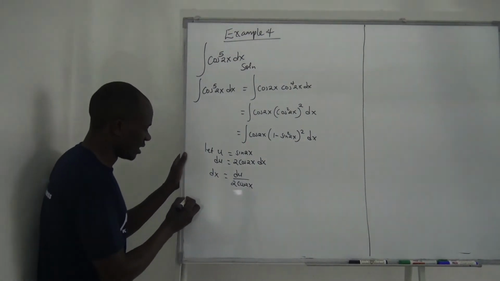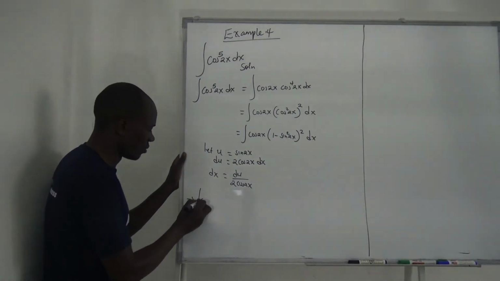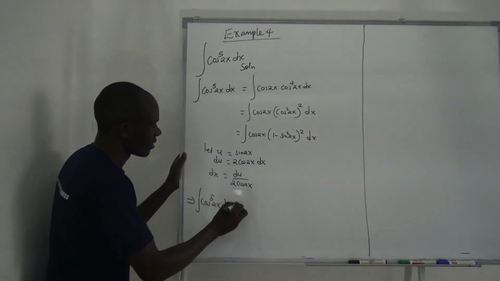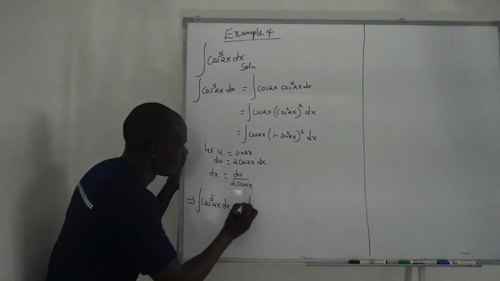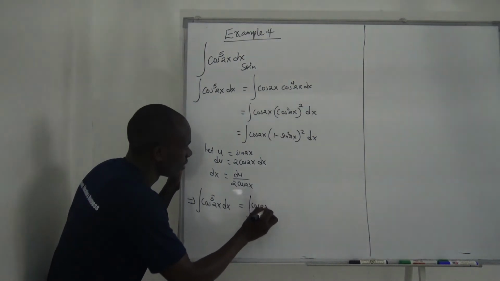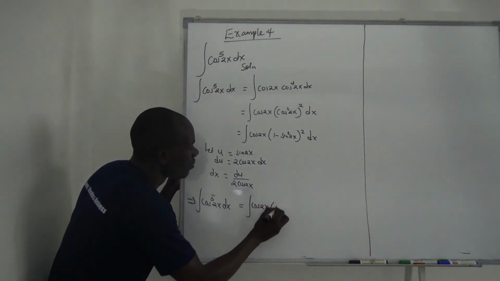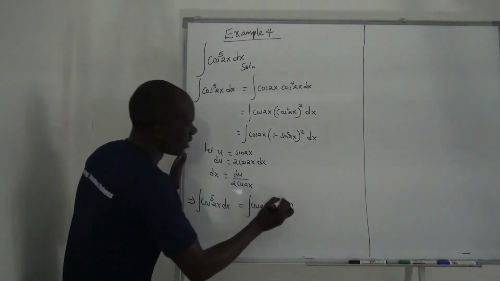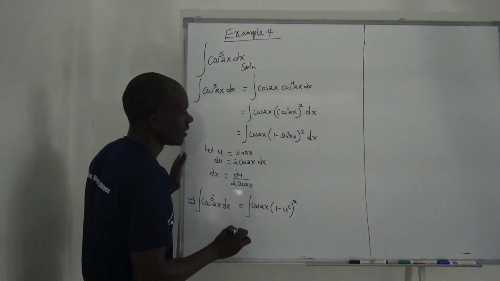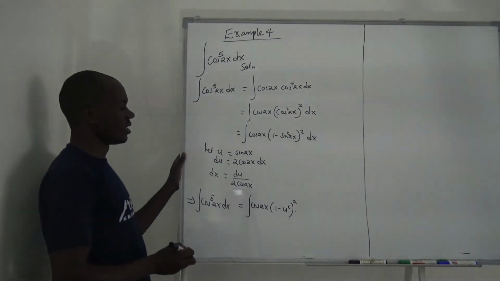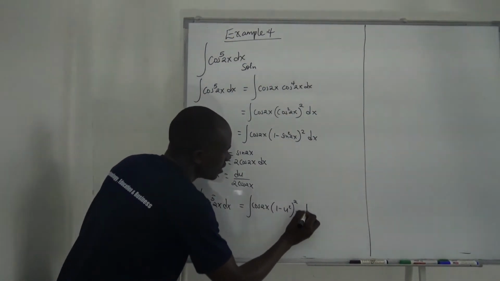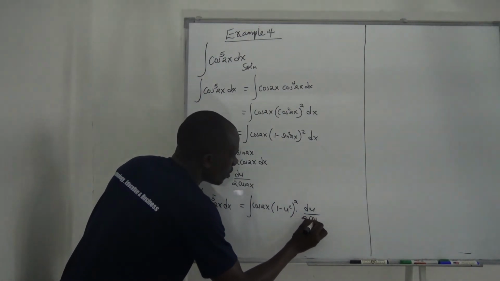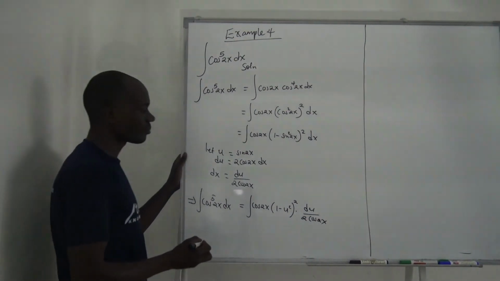This implies that the integral of cos power 5 of 2x dx is the same as the integral of cos 2x times (1 minus u squared) squared, where there is a dx, I put du over 2 cos 2x.